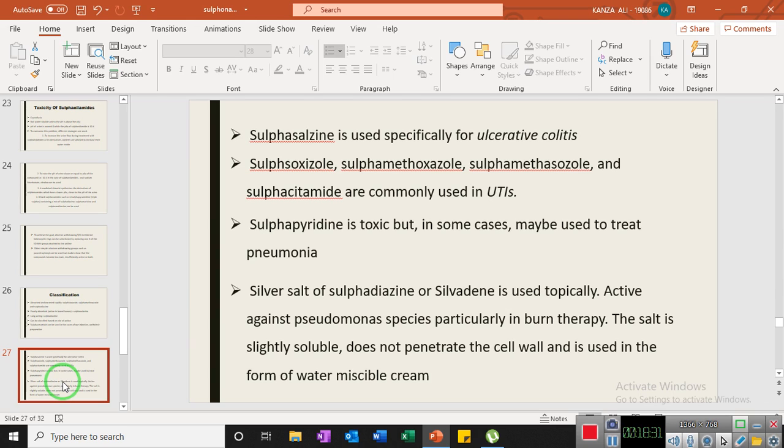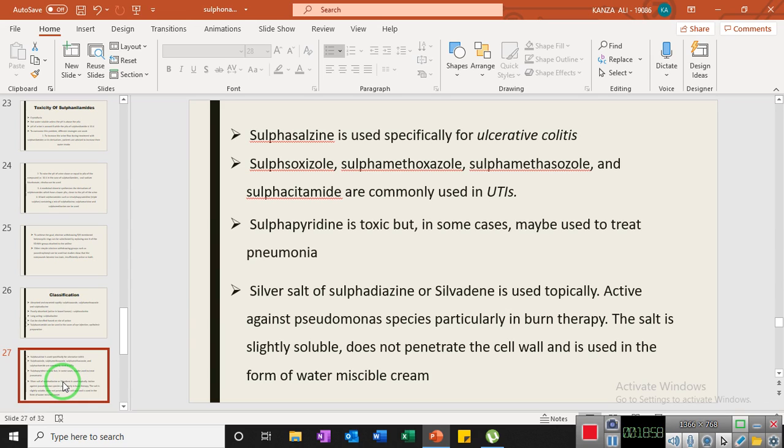Before that, we have discussed sulfacetamide that can also be classified in the same class, topically used agent or topical agent, but that is in the ophthalmic preparation. Here we have got at least two specific compounds.